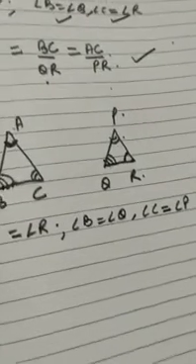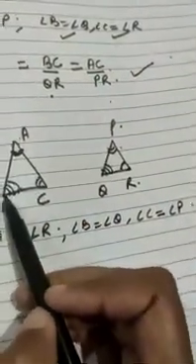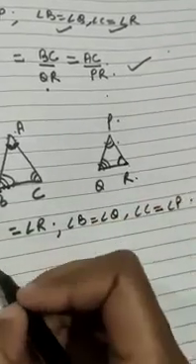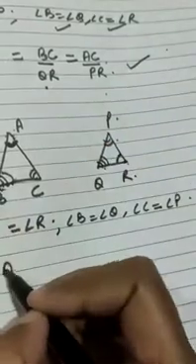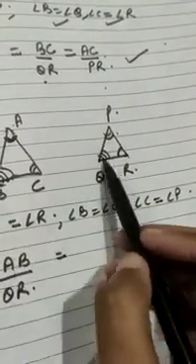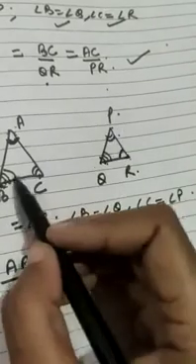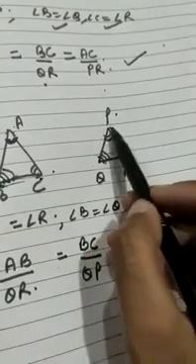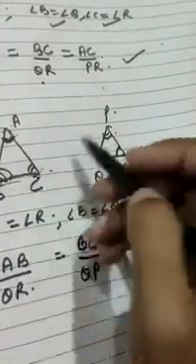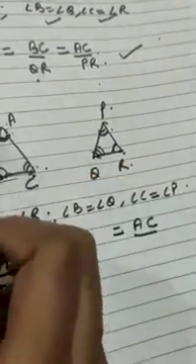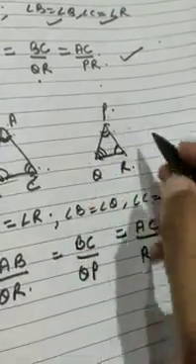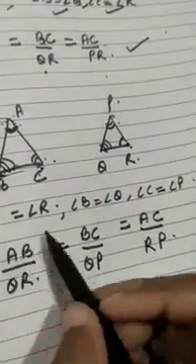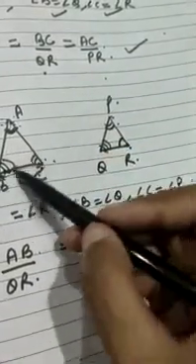Now we have to take corresponding sides. A and B: here A is equal to R and B is equal to Q. So it means AB upon QR, right, is equal to BC upon QP, B equals Q and C equals P, and is equal to AC upon RP, since A equals R and C equals P. So first of all you take this triangle's sides AB, BC and CA.